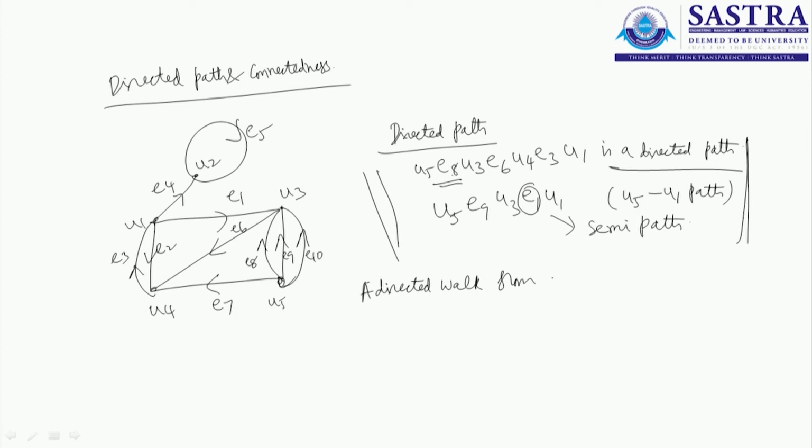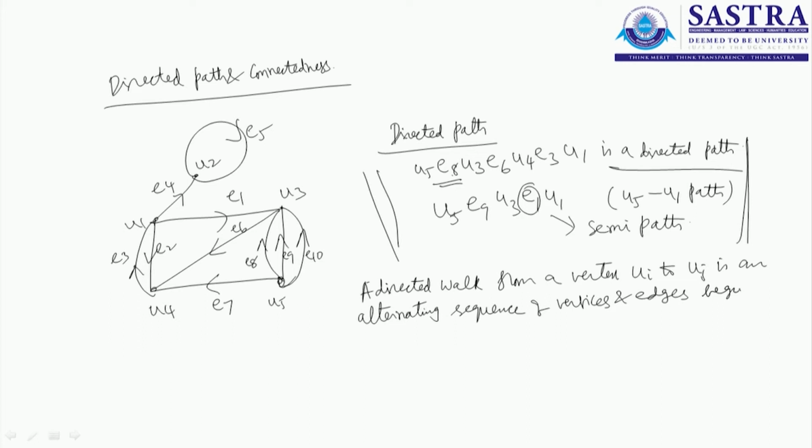A directed walk from a vertex ui to uj is an alternating sequence of vertices and edges, beginning with ui and ending at uj, and each edge is appearing only once.